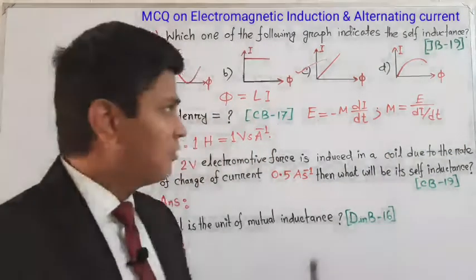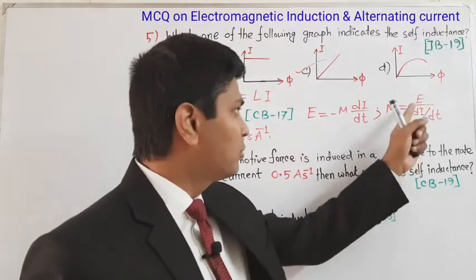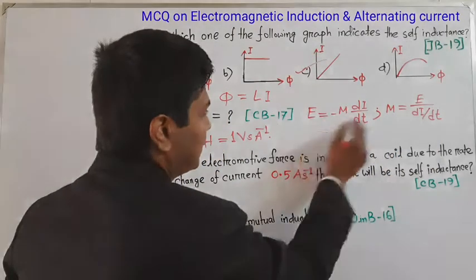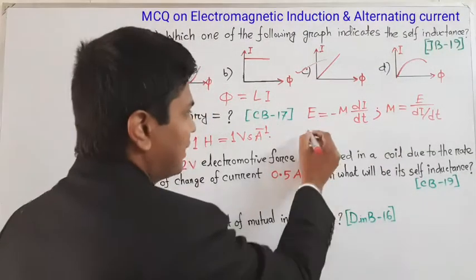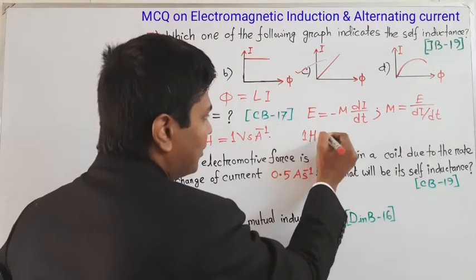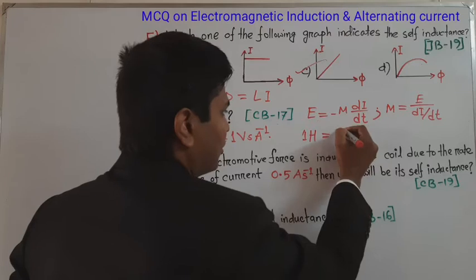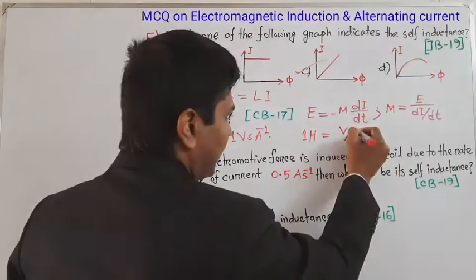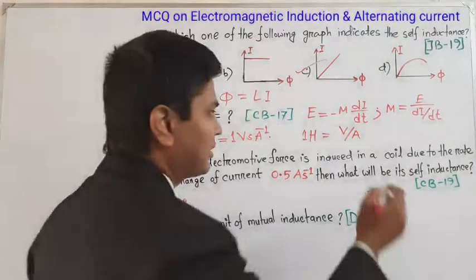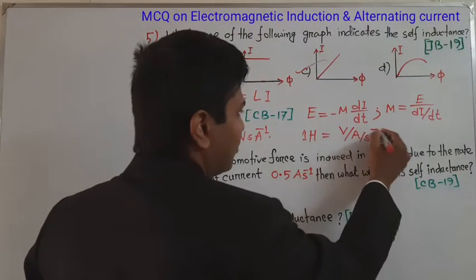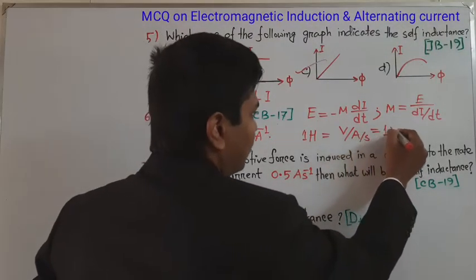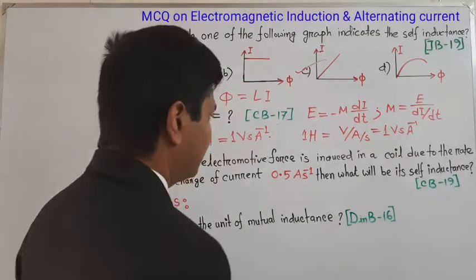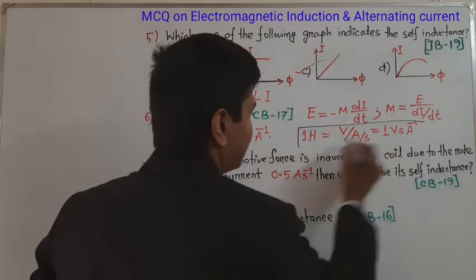Now if we put the unit of electromotive force, current and time, then we can write the unit of inductance is Henry. So 1 Henry equals the unit of electromotive force, volt, divided by the unit of current, ampere, and the unit of time, second. That is why we can write 1 volt second per ampere. This is the answer of question number 6.